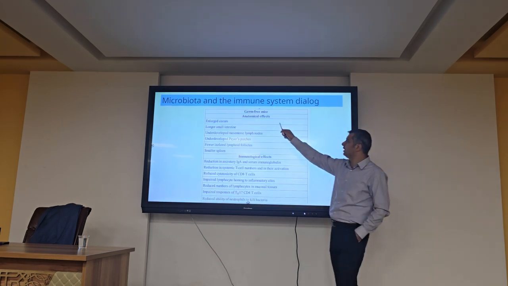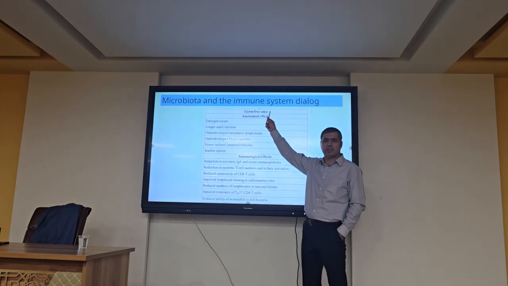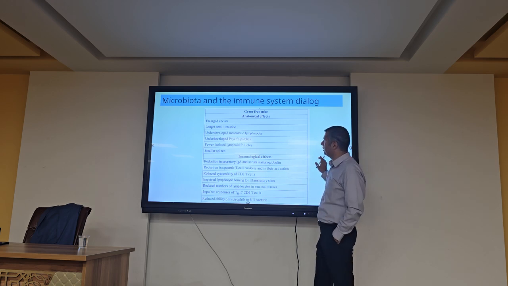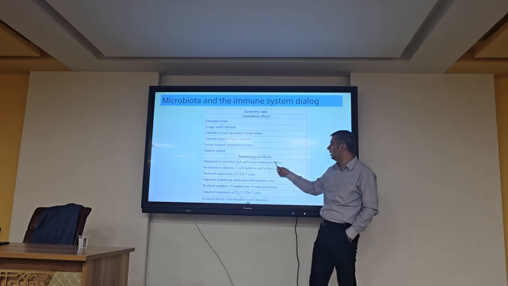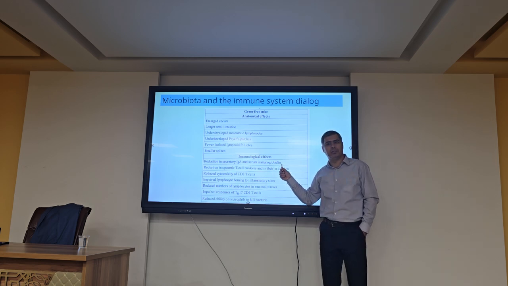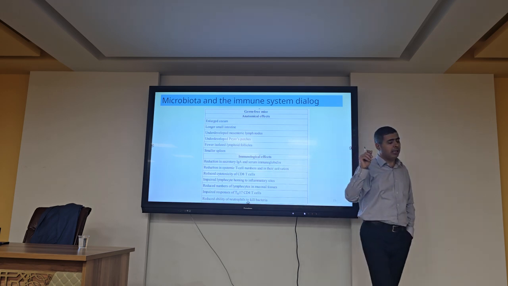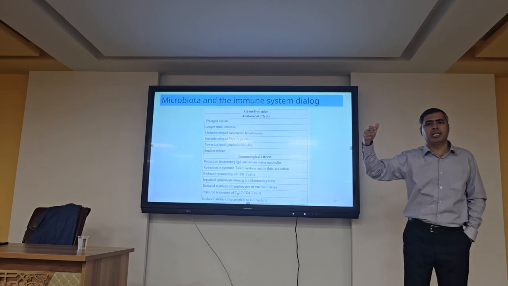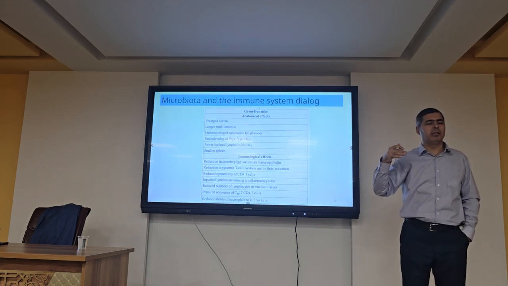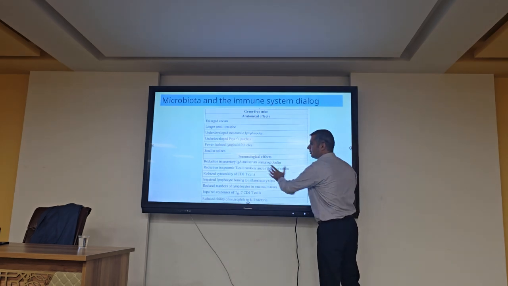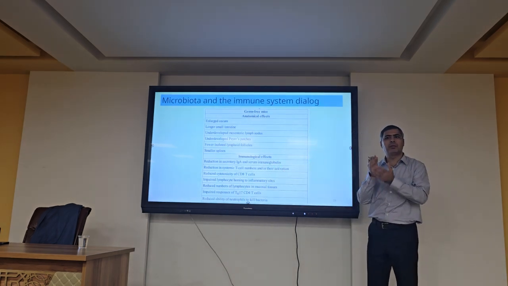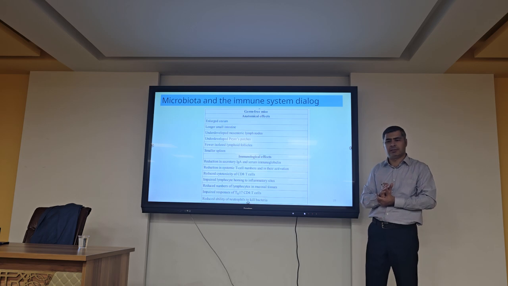For example, in germ-free mice that are grown in a sterile condition, we have a reduction in secretory IgA and serum immunoglobulin. They have less serum immunoglobulin, so they have immune deficiency.